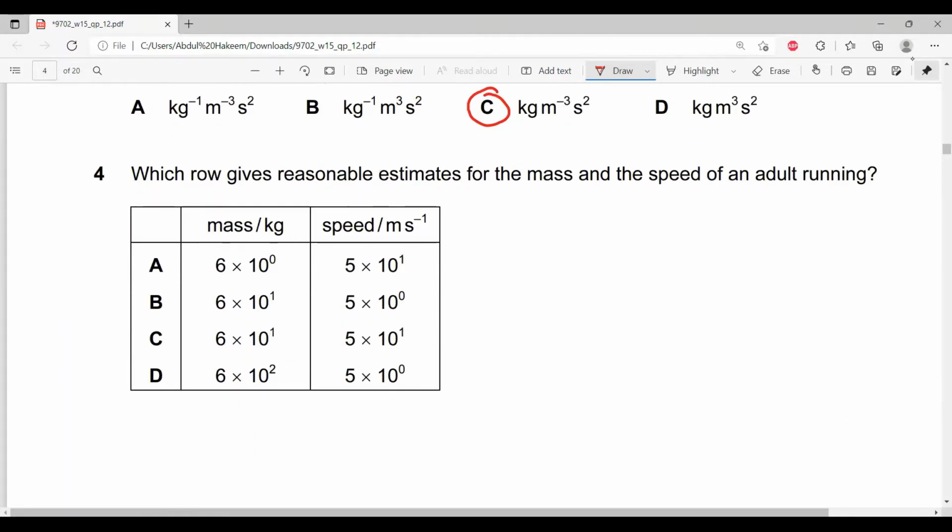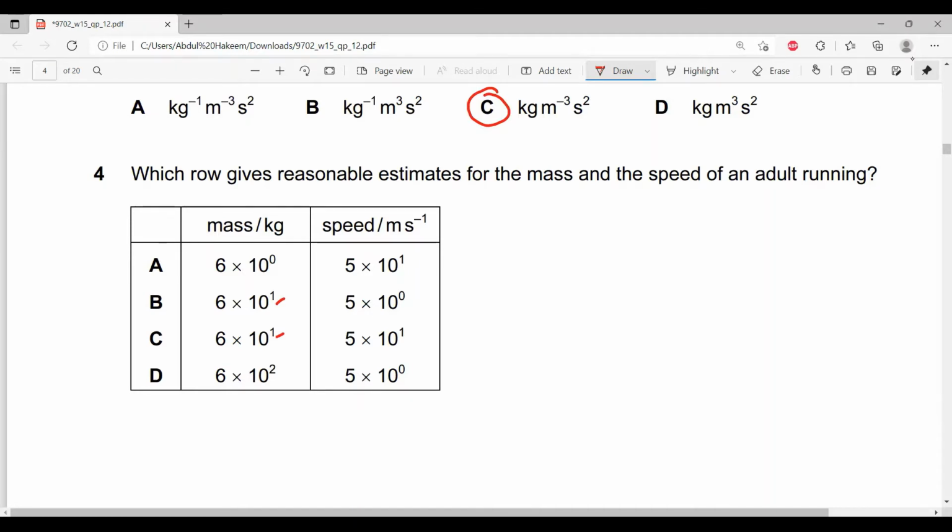Next, which row gives a reasonable estimate of the mass and the speed of an adult running? The mass of the adult is approximately 50 to 70 kg, so 60. And the average speed of the adult can be from 4 meter per second to 10 meter per second, so it will be 5.